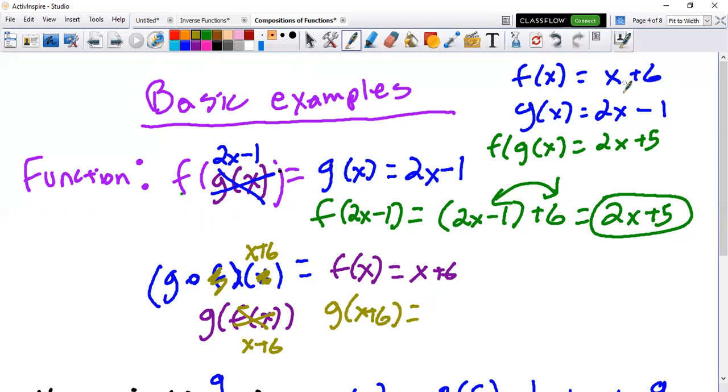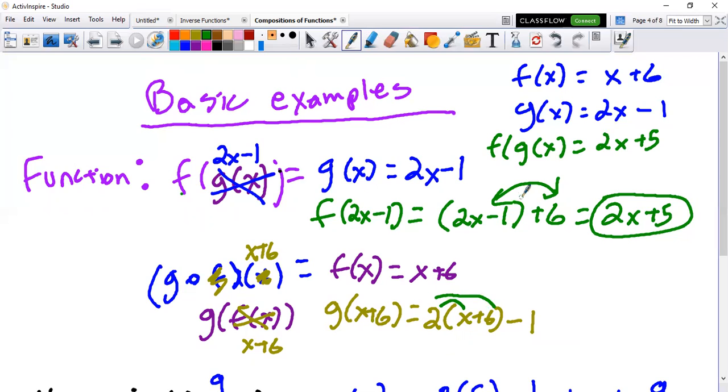So I'm plugging x plus 6 now into this g function, in for this x. I'm going to put the 2 in front, the -1 on the back. Now, 2 times x plus 6, I've got to distribute this. It's multiplying, right?